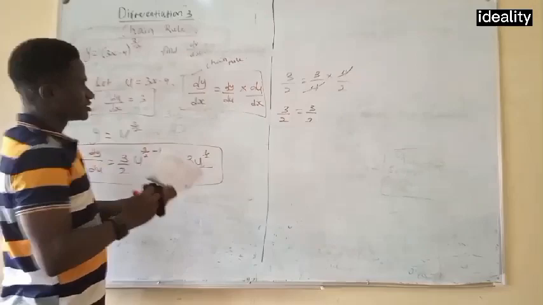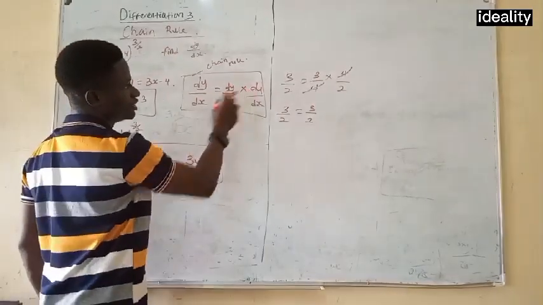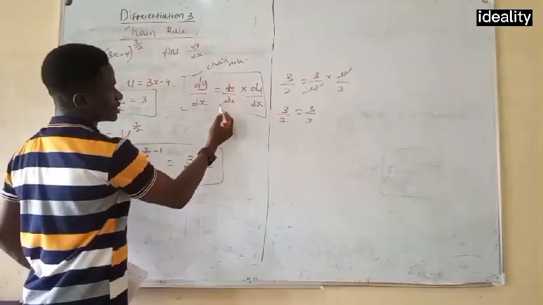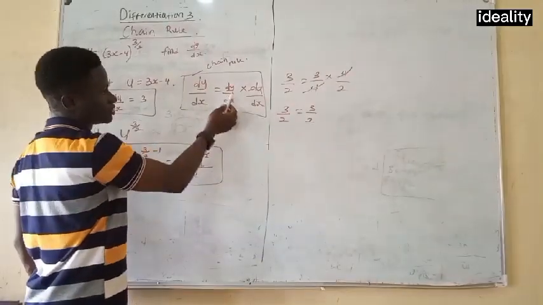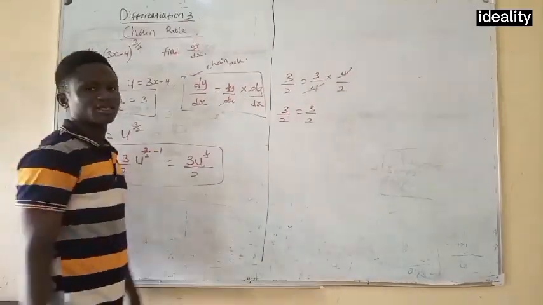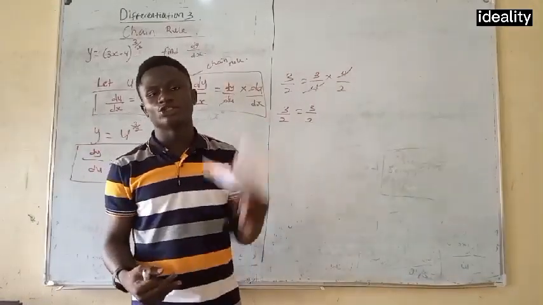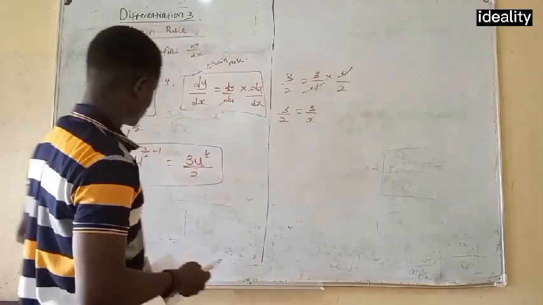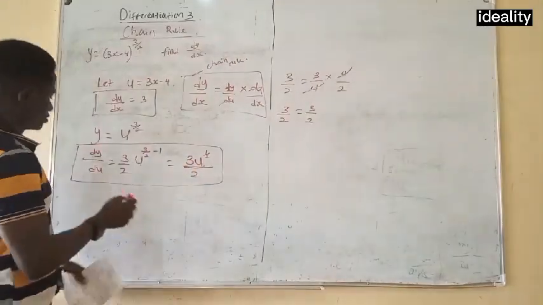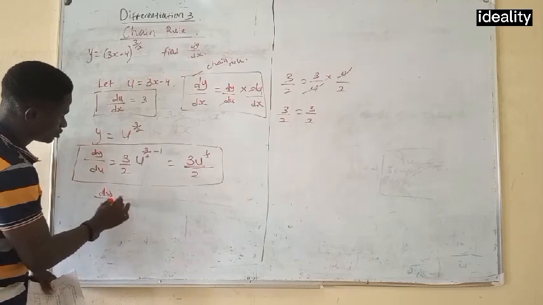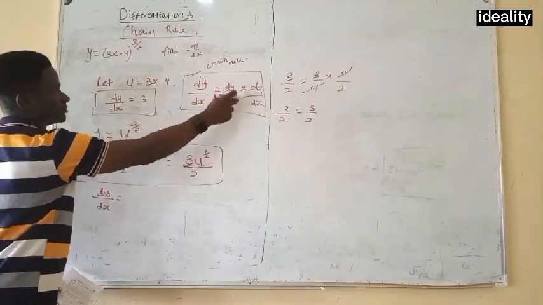Now when I look at this, I have du here, just like I have 4 here. I can simply let du cancel du, so I'm left with dy dx. That is the ideology behind the chain rule. So dy dx is equal to dy du times du dx.